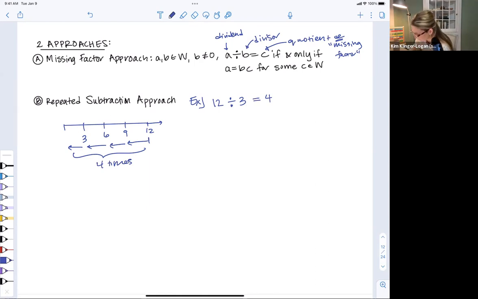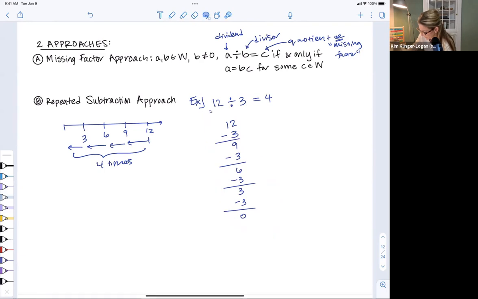I can also think of this not using the measurement model, but just using subtraction. If I start off by subtracting 3, I get 9. I can subtract 3 again, I get 6. And I can subtract 3 one more time, I get 3. And the last time I end up with 0.